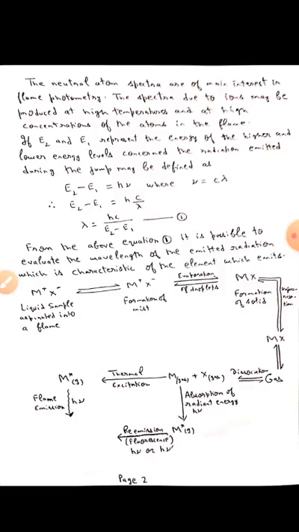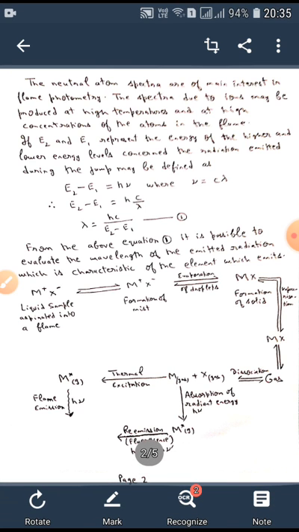Let us study the following figure. We have a liquid sample which is aspirated or introduced into the flame. It is represented by MX, where M is a positive ion and X is a negative ion. This liquid sample, on being introduced into the flame, turns into the form of a mist.